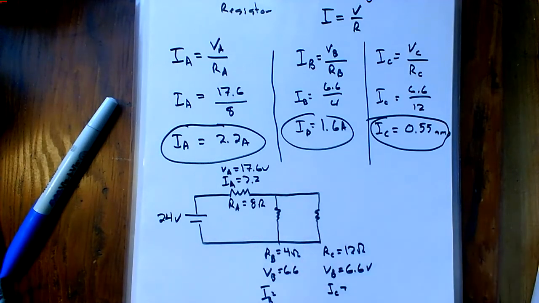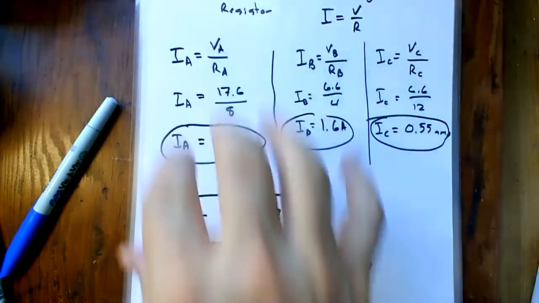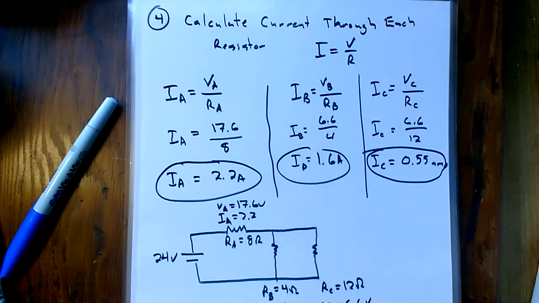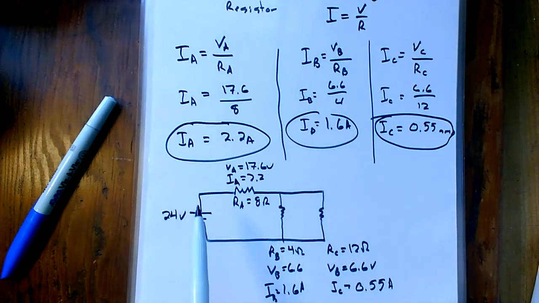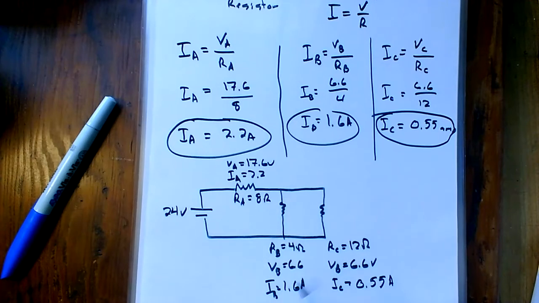But alrighty, there we have it. This is how you go through calculating each individual piece that you're going to need for a particular circuit. And all we started with was our voltage and our individual resistors.